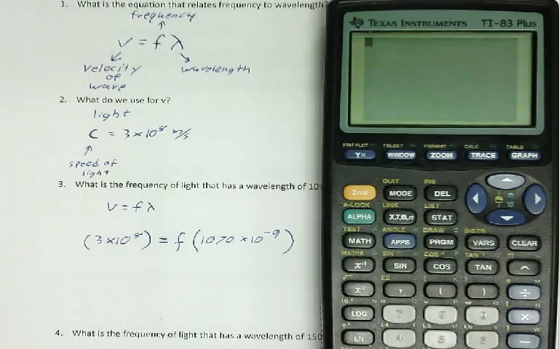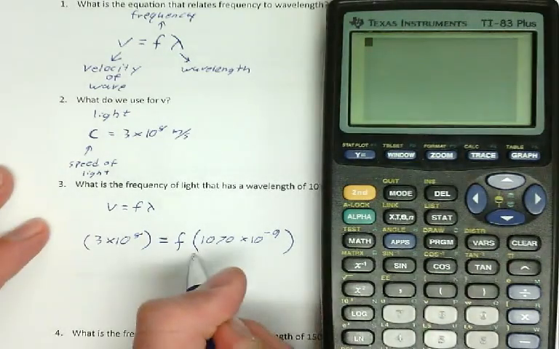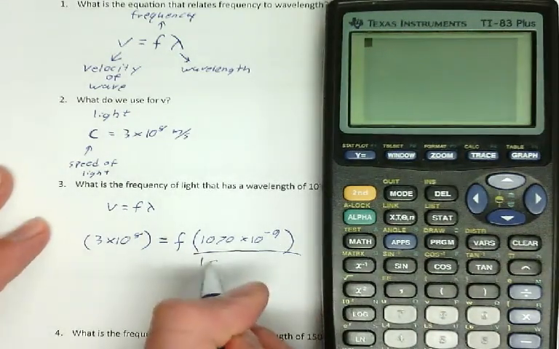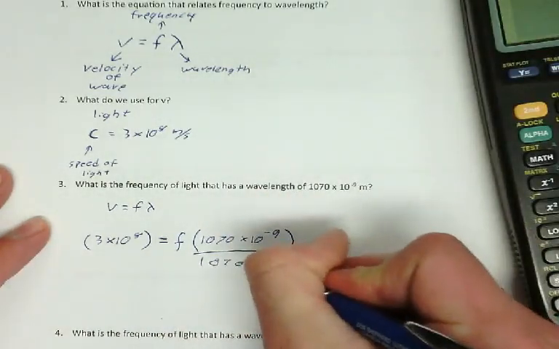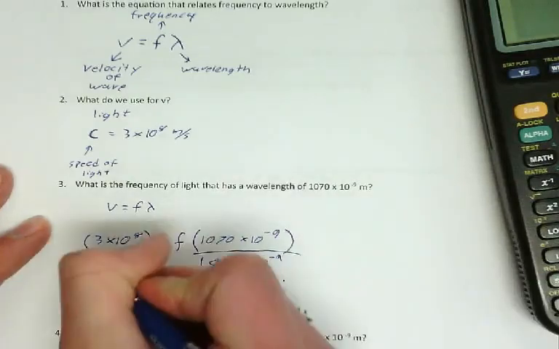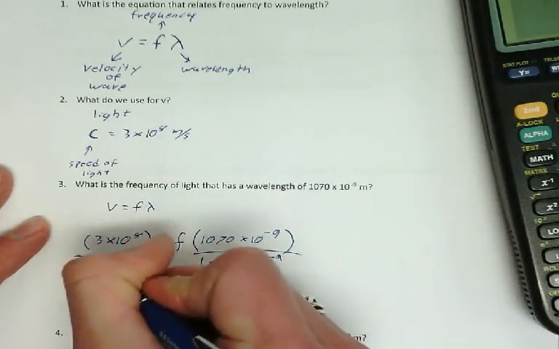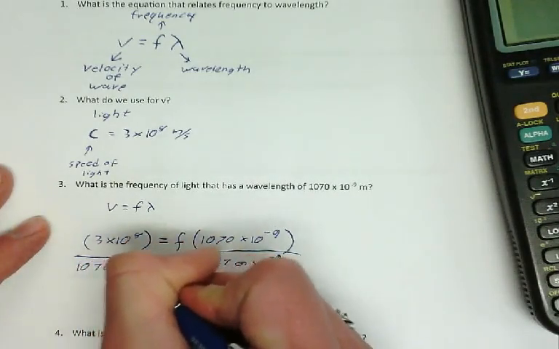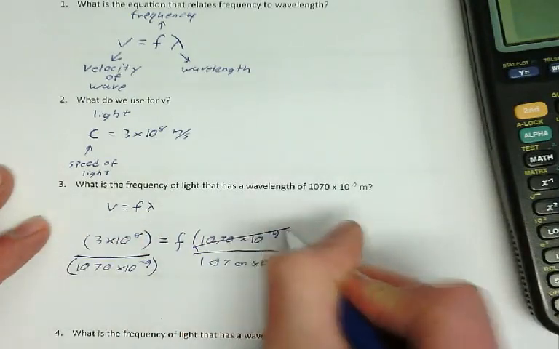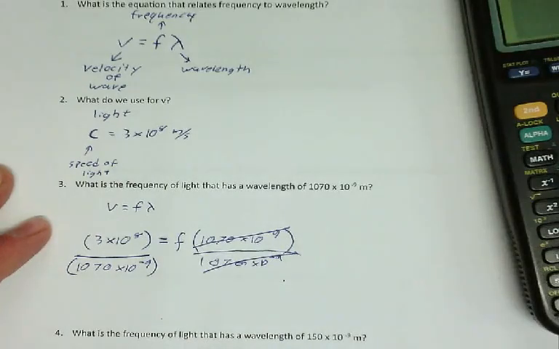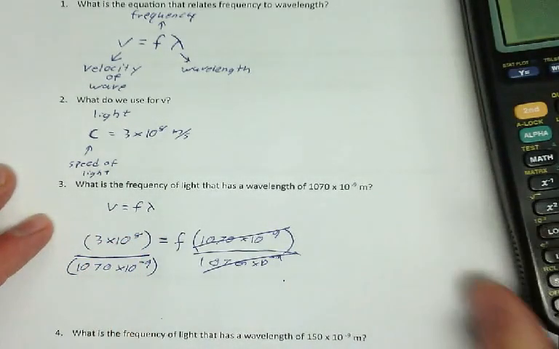So to get F by itself, I'm going to have to divide both sides by 1070 times 10 to the negative 9th. So that cancels from this side. So we got F is 3 times 10 to the 8th over 1070 times 10 to the negative 9th.